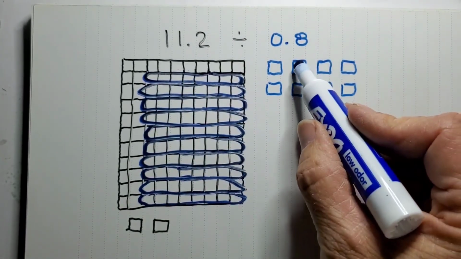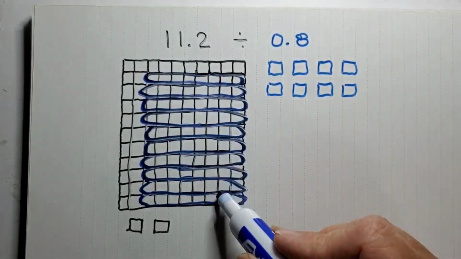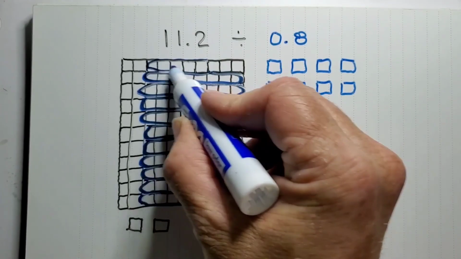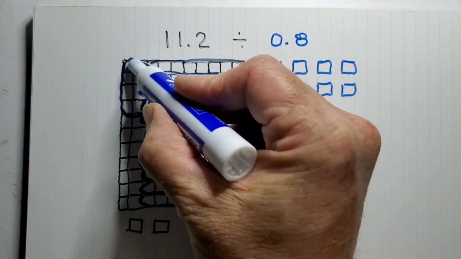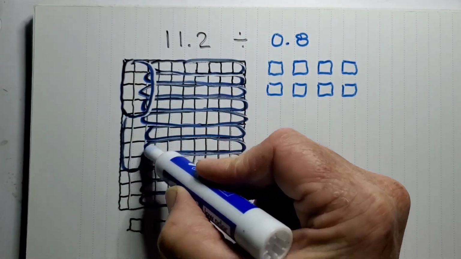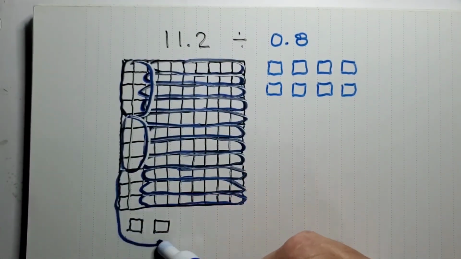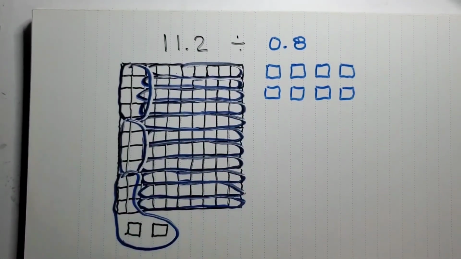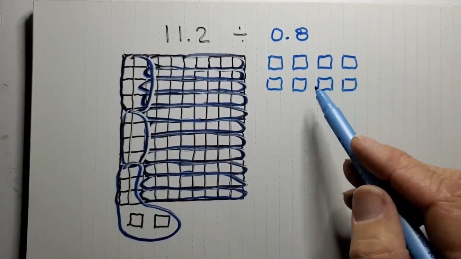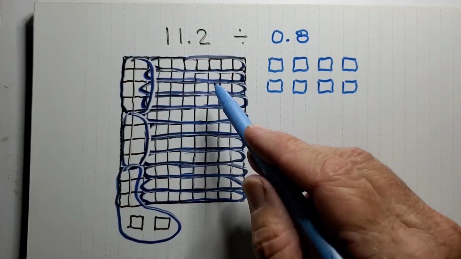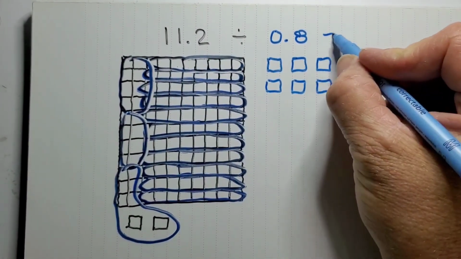That's 10 of these 8/10 fit into this. Here's 11, and then we come down here and we can see we have 12, we have 13, and we have 14. So it took 14 of these 8/10 to fill up this 11 and 2/10.